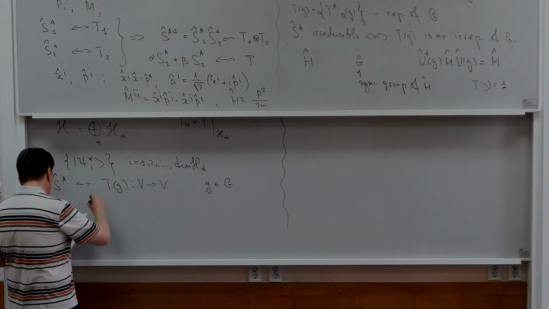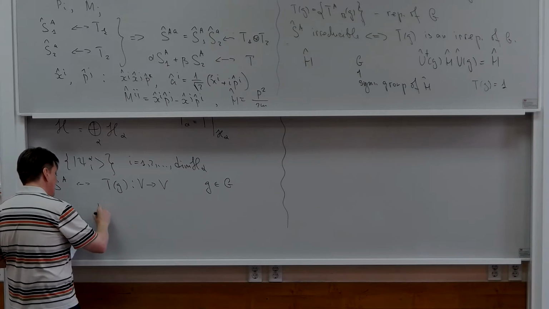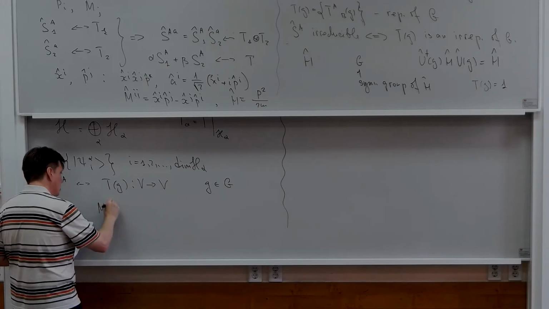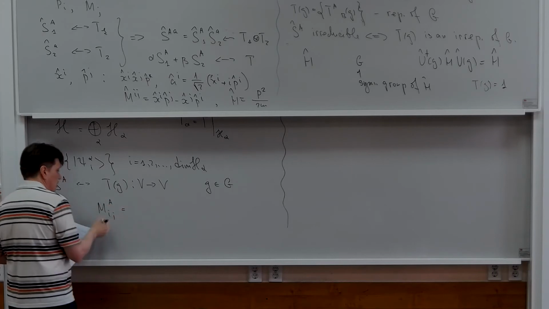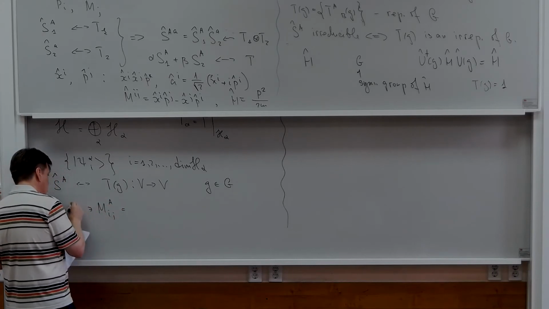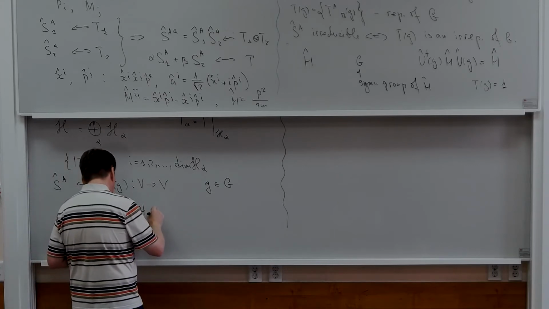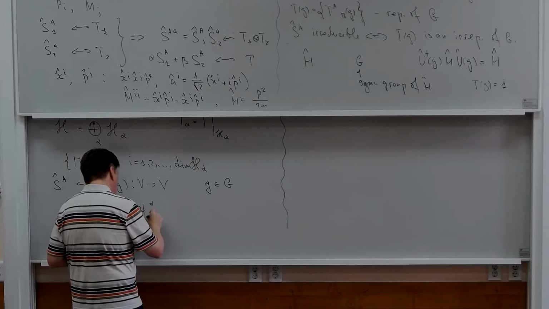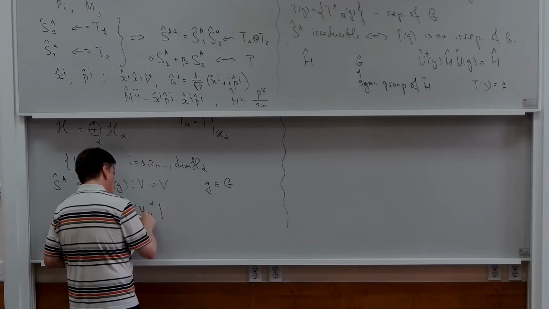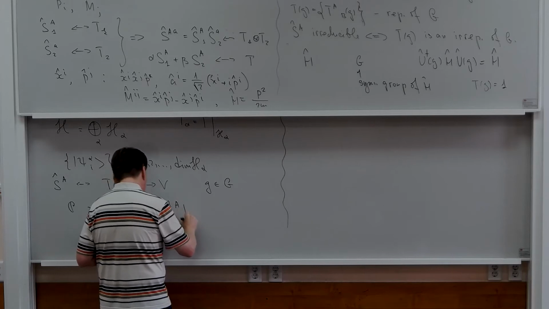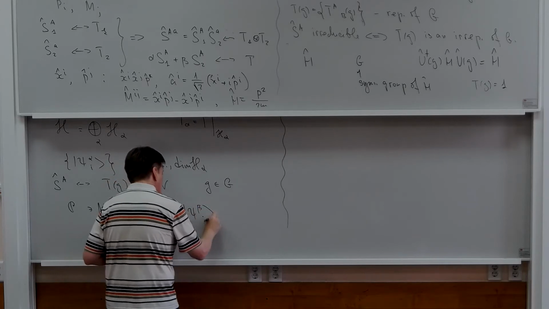And consider now the matrix element. This is just a complex number, which is given by the inner product of psi alpha i with S_A psi beta j.